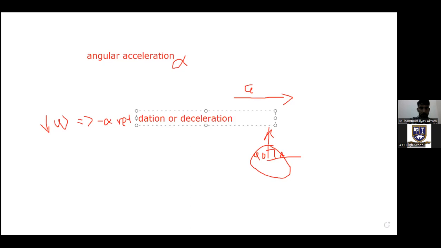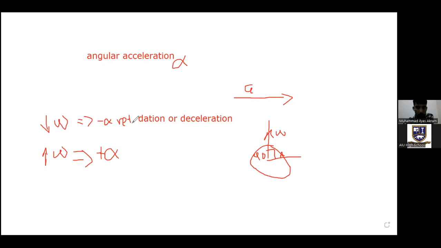While if the velocity of the body is increasing, the value of alpha will be positive, called positive acceleration, and the direction will be the same as the velocity.